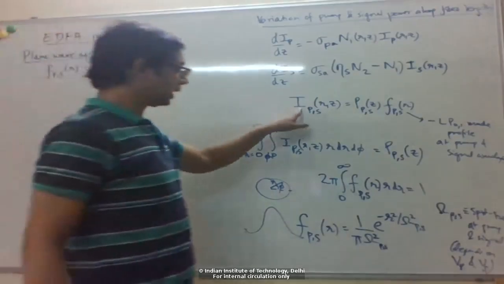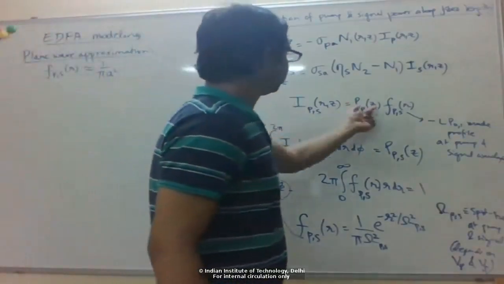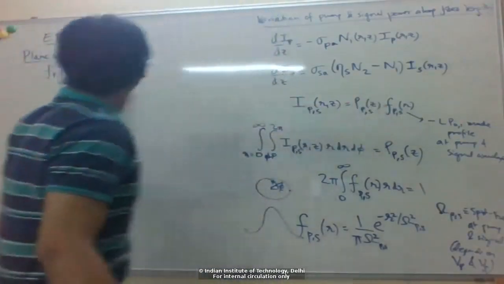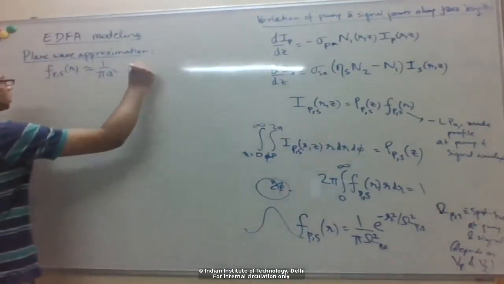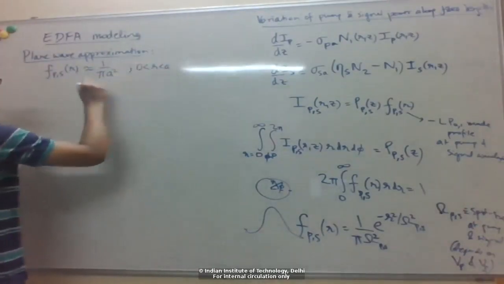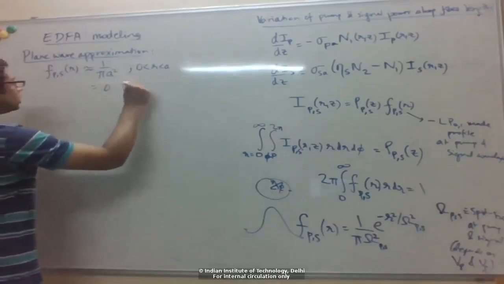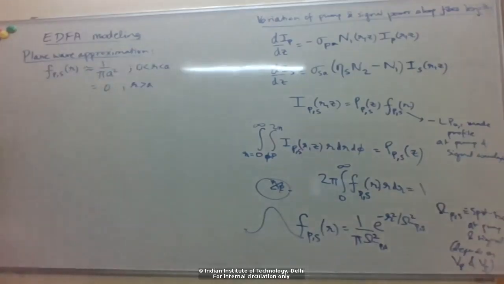So the intensity would just be the power divided by the area of the core, for the core region, and then 0 in the cladding.